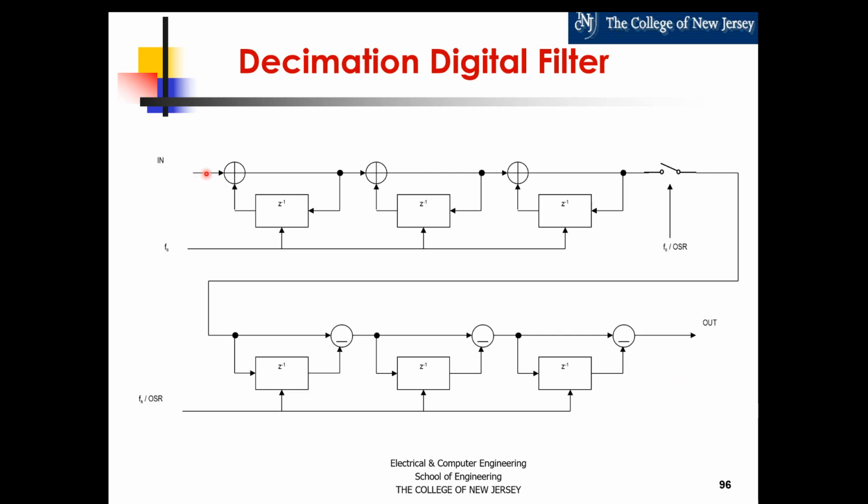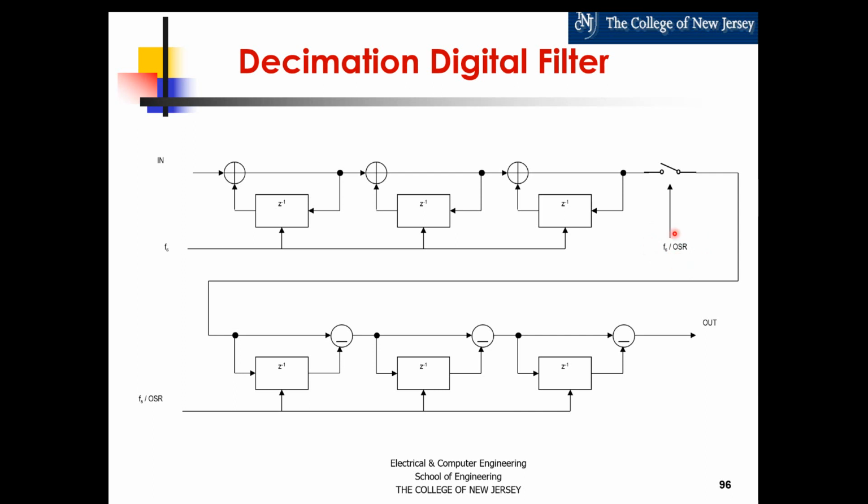So the data that is coming here is at this rate. But here we have a retiming circuit where we take only this output every so often, as dictated by this lower frequency, Fs divided by the oversample rate.